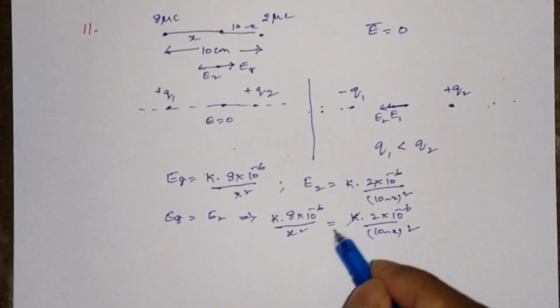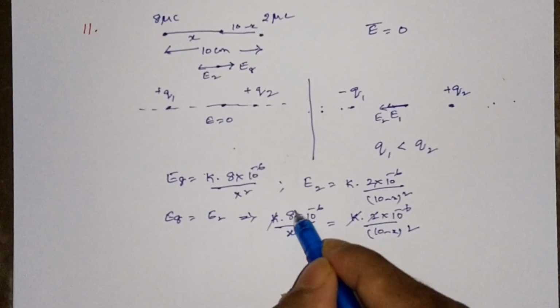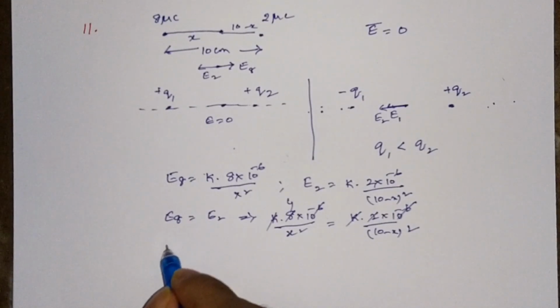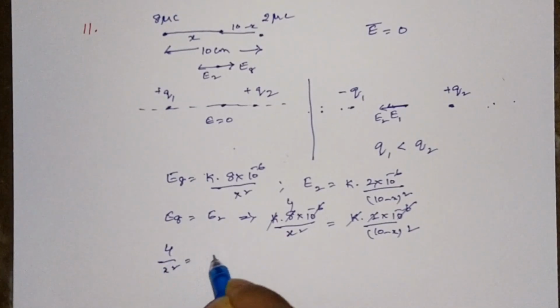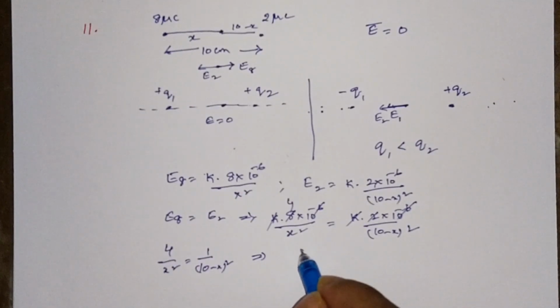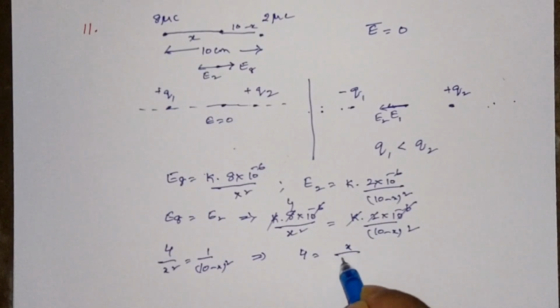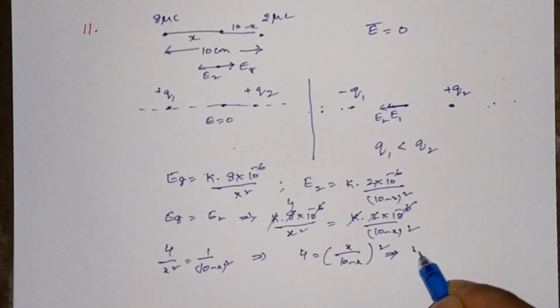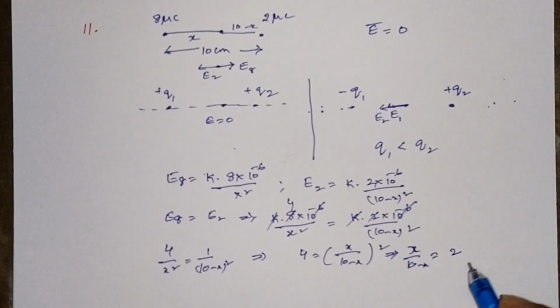Now simplify that. 2 4s are 8, 10 power 6 and 10 power 6 cancel. So 4 by x square is equal to 1 by 10 minus x whole square. This can be written as 4 is equal to x by 10 minus x whole square. From this, x by 10 minus x is equal to 2.